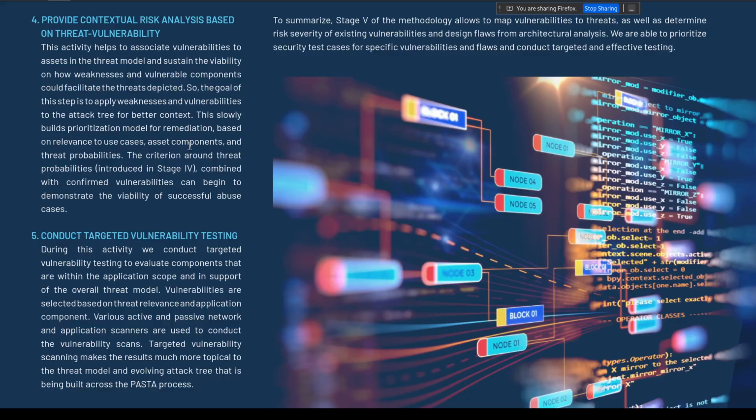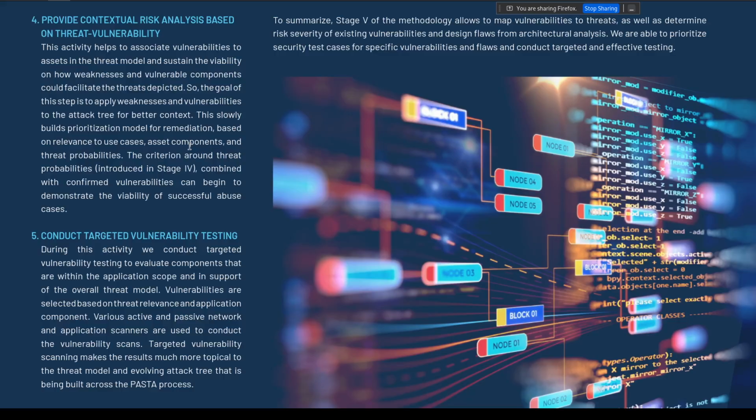For example, let's say we identify a threat like SQL injection. Now, when we curate our SAST scans, are we writing any custom patterns in order to identify SQL injection? When we do that, it's really a good thing, right? So that you can conduct specific targeted vulnerability testing within this phase in order to identify the critical vulnerabilities.